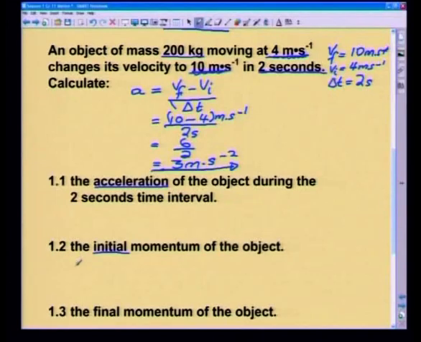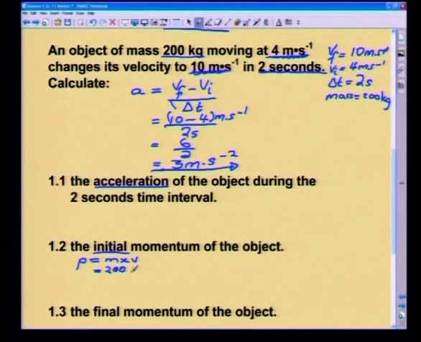Because remember that P, momentum, is mass times V. Now, the mass of the object is given to us. We can also add it into our list of given things here. It's 200 kilograms. So for M, we will substitute 200 kilograms.